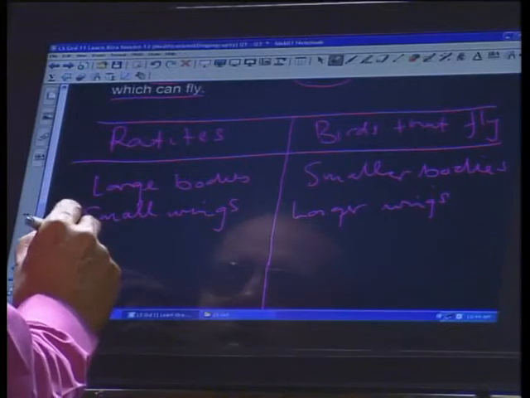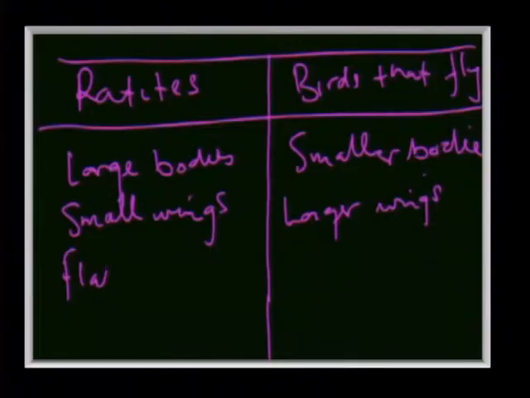Then if we look at other aspects, we'll look at the ratites that have a flat sternum. The reason why they have a flat sternum is they don't have the additional keel that allows for attachment of muscles that promotes flying.